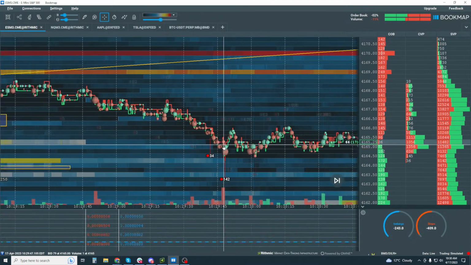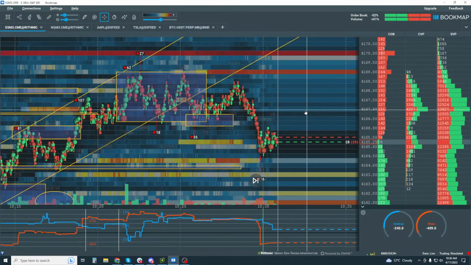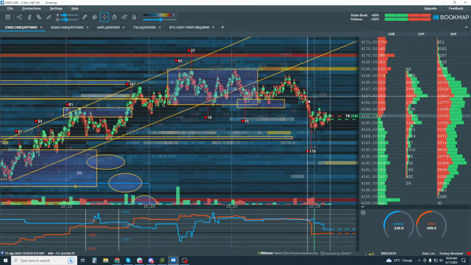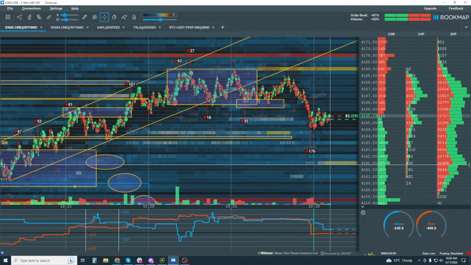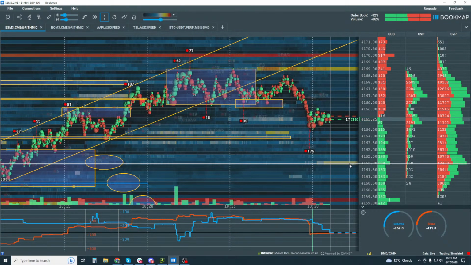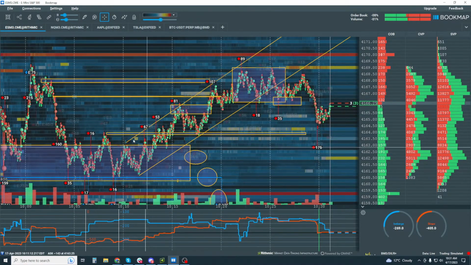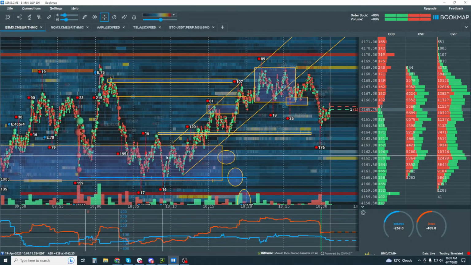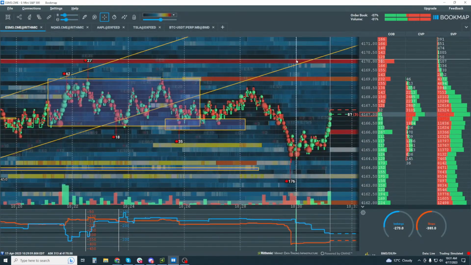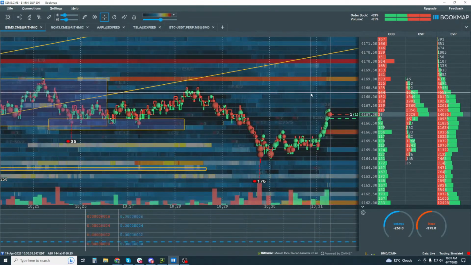If we can see some more selling down in here, then the next move would be our 62 level, our liquidity that is here at 62. That's just coming into the book, but it is also the high volume node for this range in here. And super choppy here, guys.